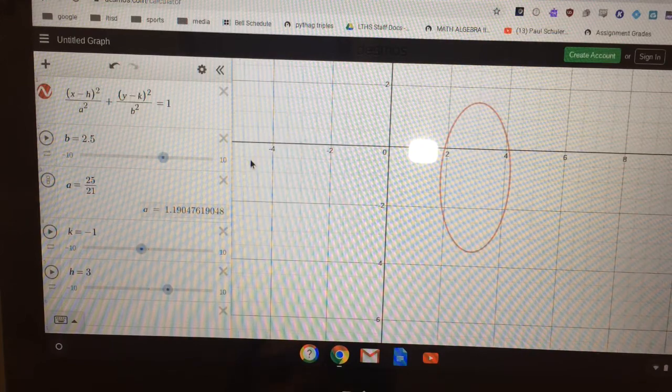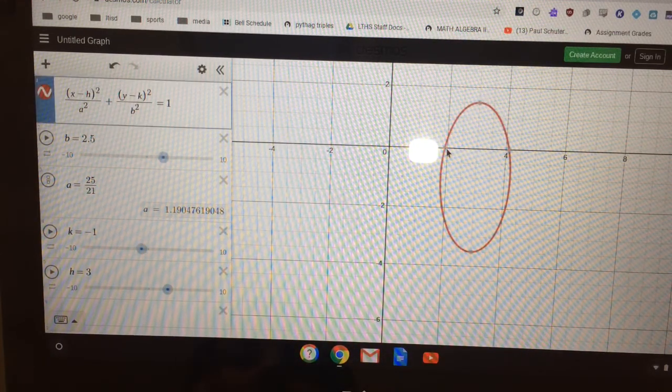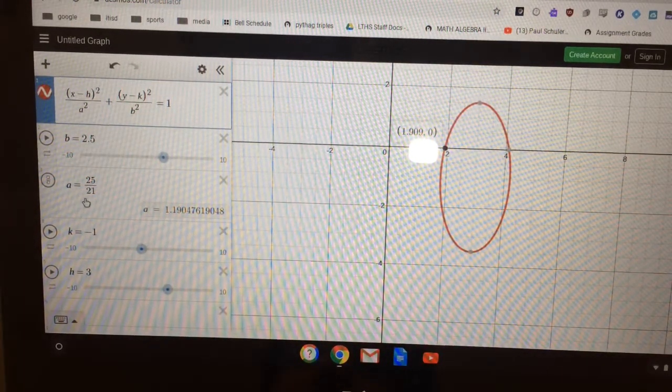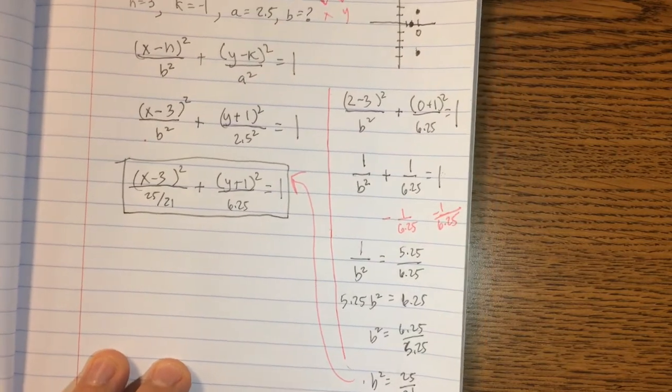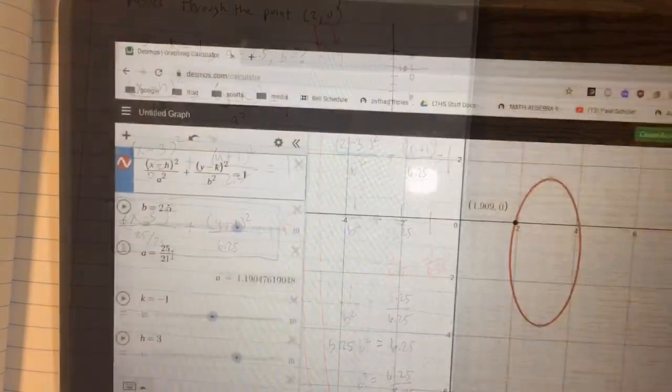Uh-oh. That doesn't really look like it goes through (2, 0), does it? What's wrong here? Did we happen to round the a squared? I think if anything, it has to do with our fraction. I got it.